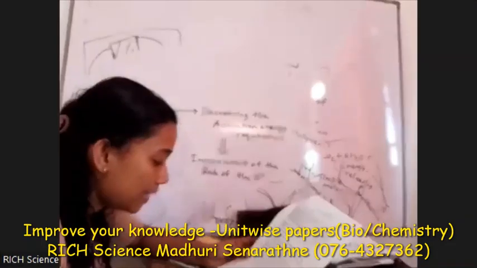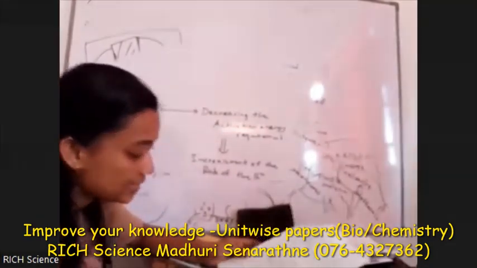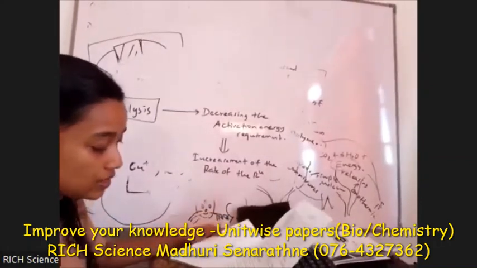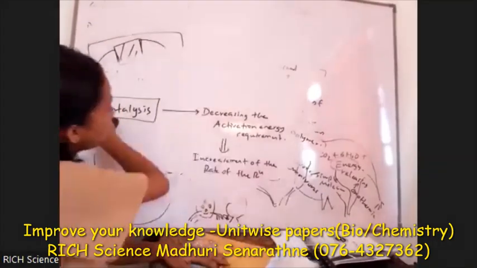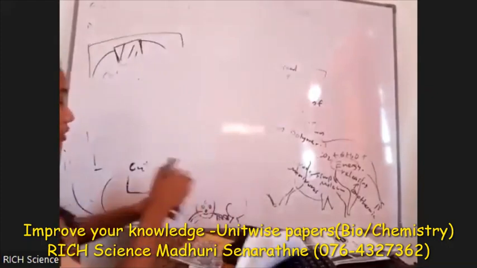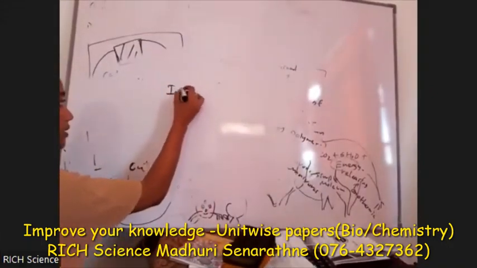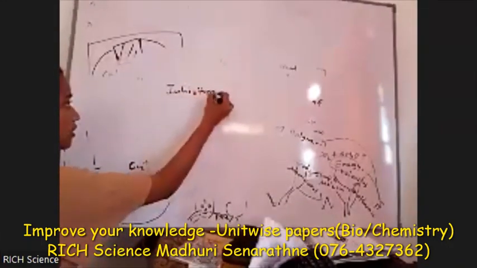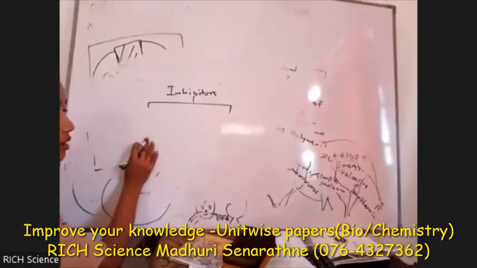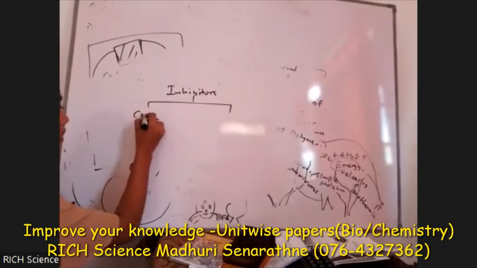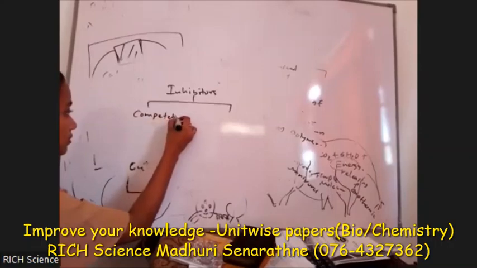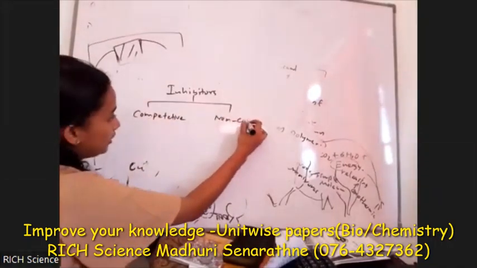Action of many competitive inhibitors are irreversible. Sorry, reversible. Correct or wrong? Inhibitors are two types, competitive and non-competitive.